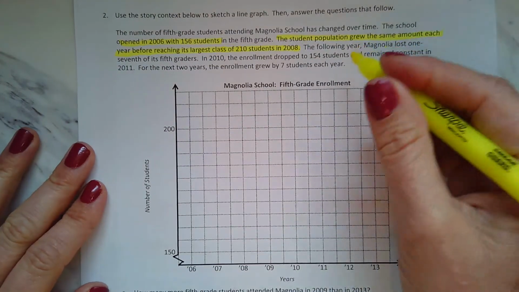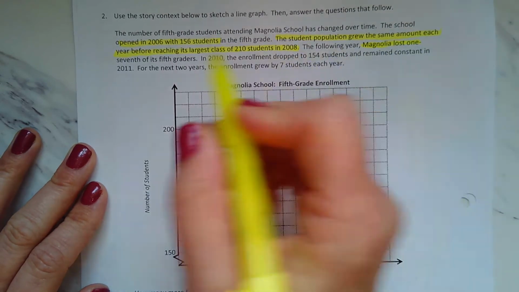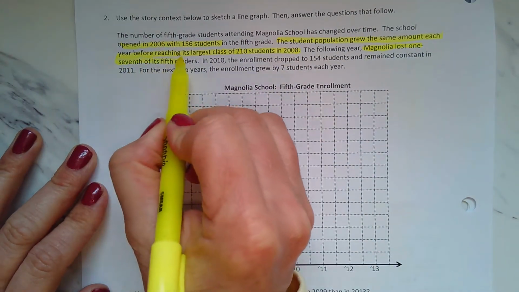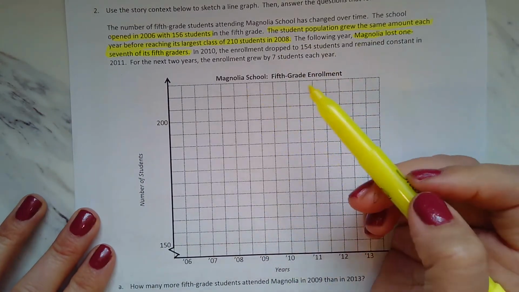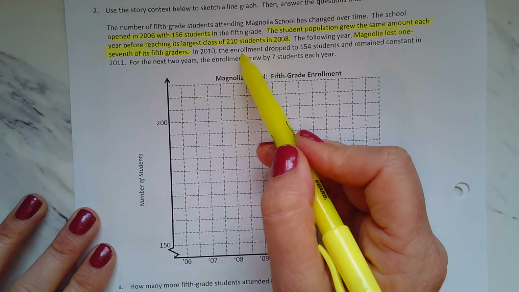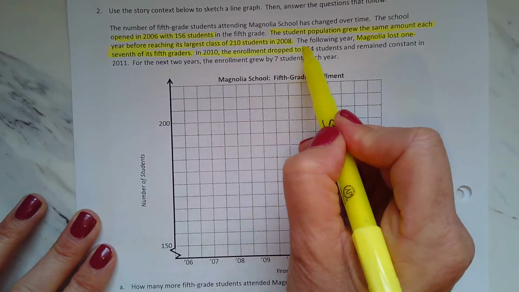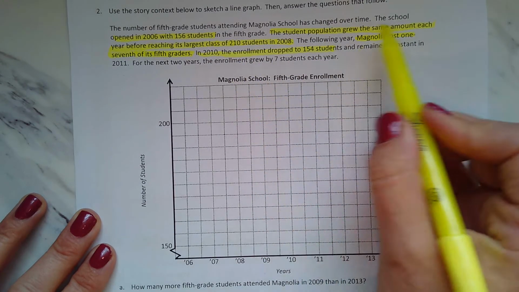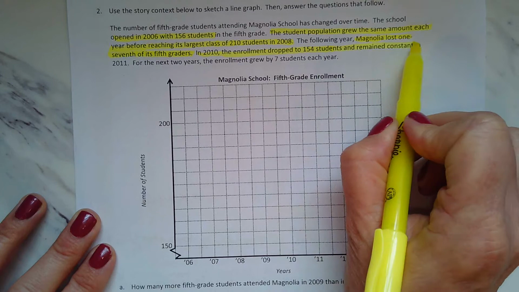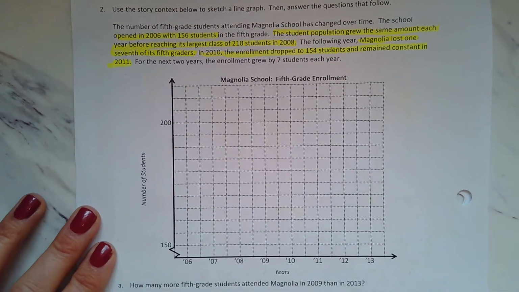Then part 3, the following year, Magnolia lost 1/7 of its fifth graders. That's part 3. Part 4, in 2010, the enrollment dropped by 154 students and remained constant in 2011. So 2010, 2011, that's part 4.